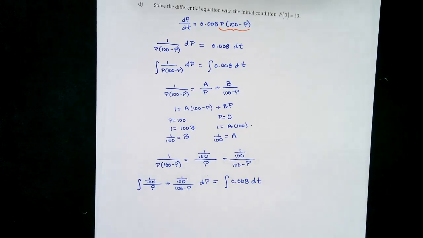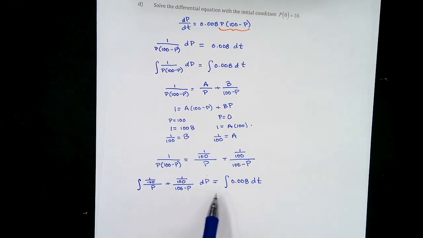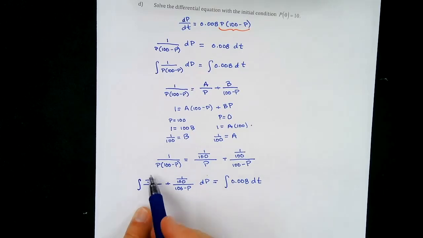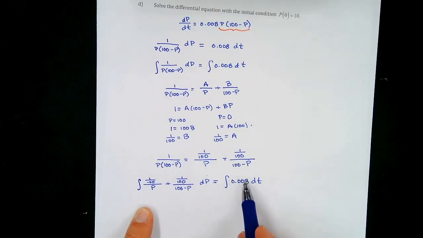Now, what I would do is multiply both sides of this equation by 100, because that's going to make this become 1 and this become 1, and that's going to move the decimal over a little bit.